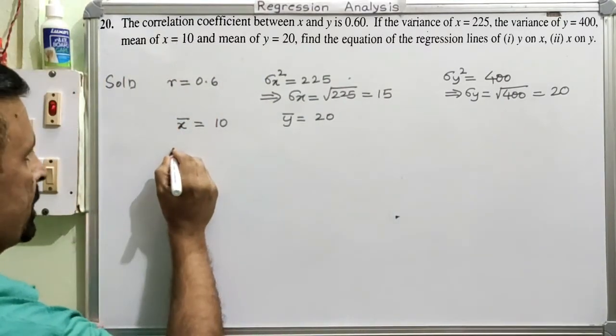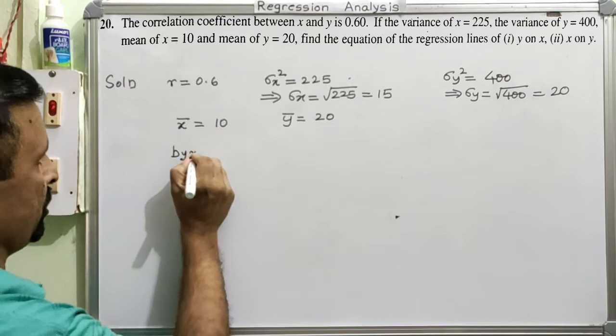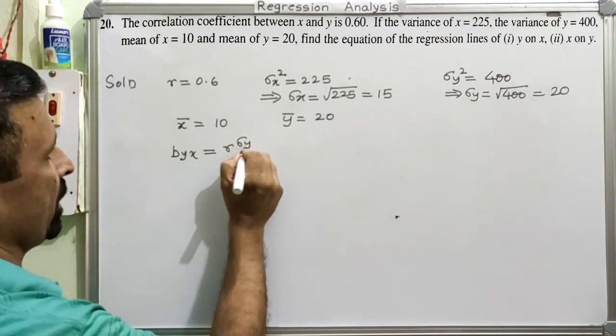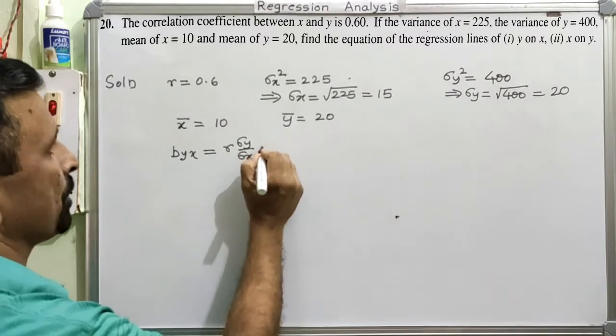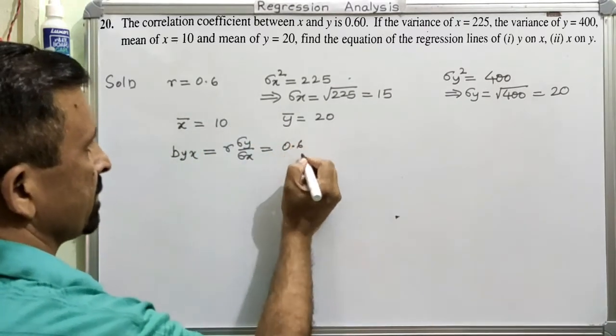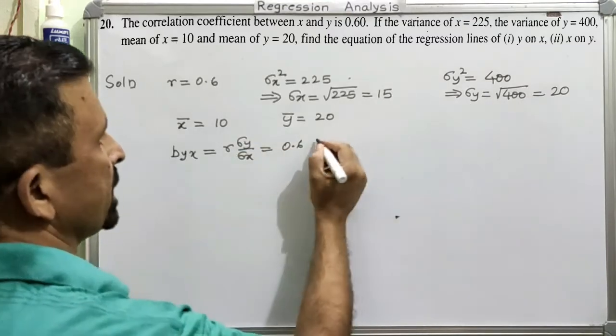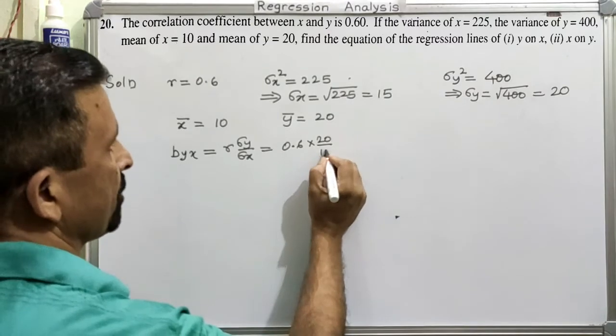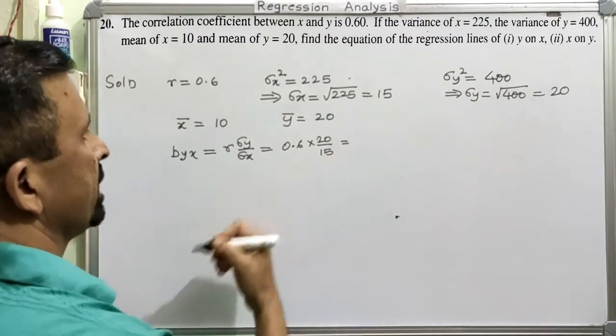So the first regression coefficient, byx, which we are going to calculate, is equal to r into sigma y over sigma x. R is how much? 0.6. Sigma y is how much? 20. And sigma x is how much? 15. Right? We can calculate and get the answer.